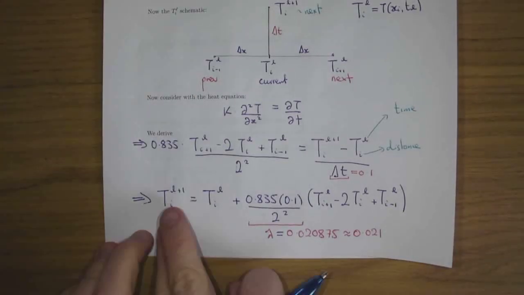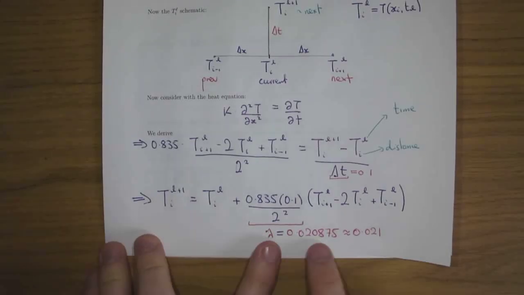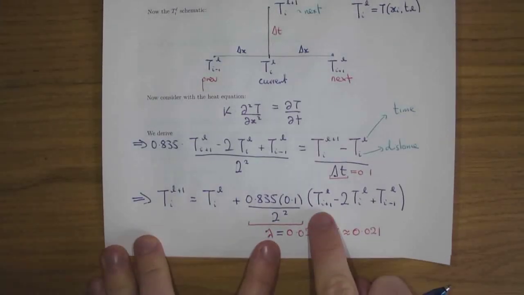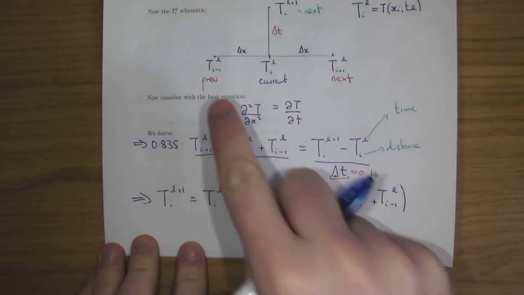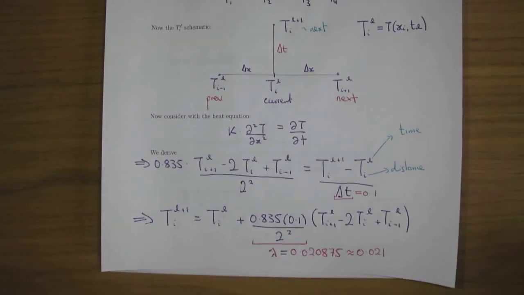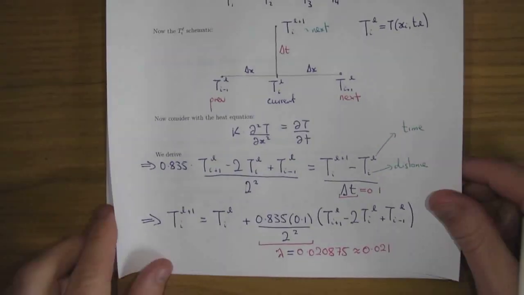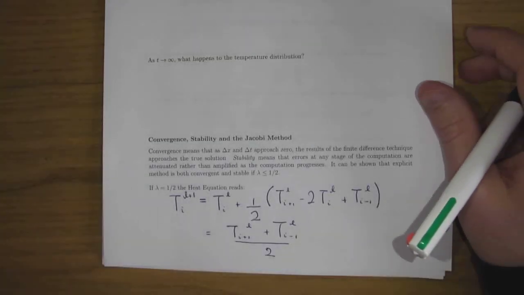Okay, so I have that the next temperature in terms of time at a point is the previous plus 0.021 times the next temperature over, minus twice the current, plus the previous in terms of x. And here's the dog. So let's see. If the dog goes mad now, I'll have to break this up into two.